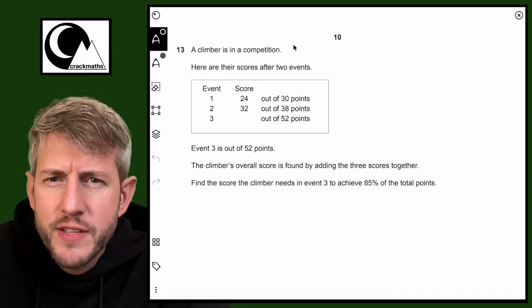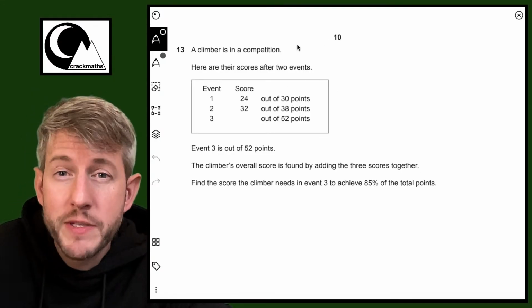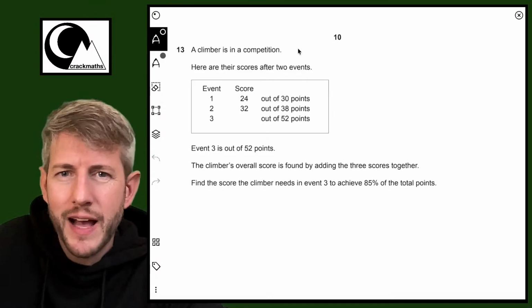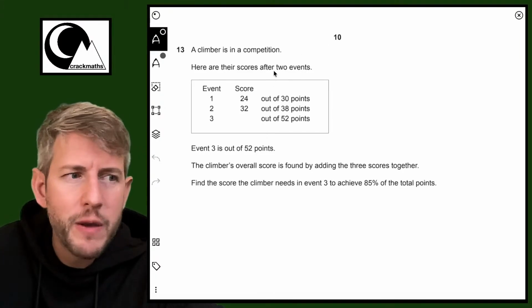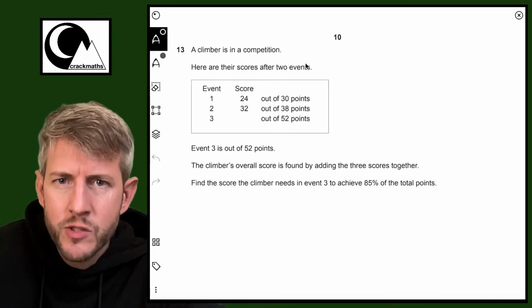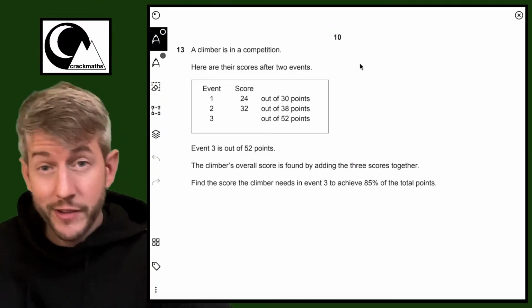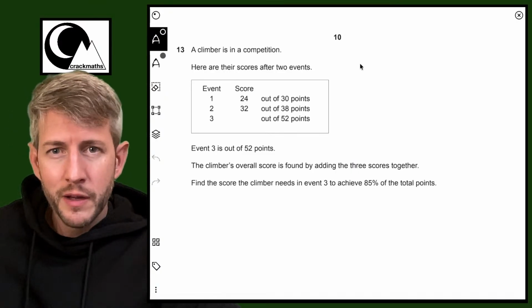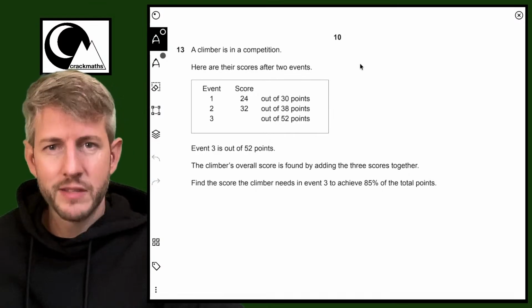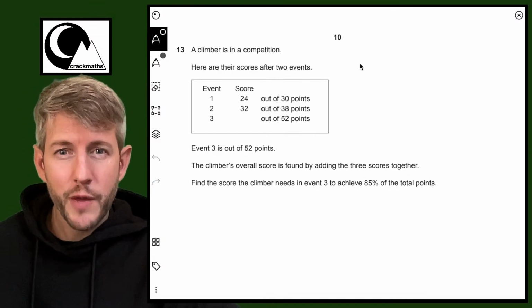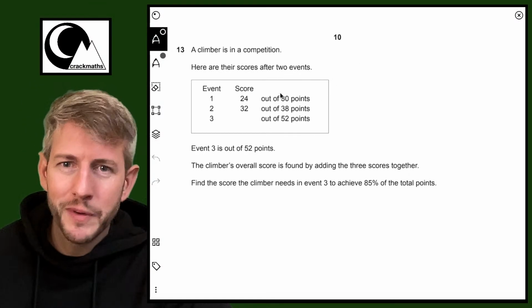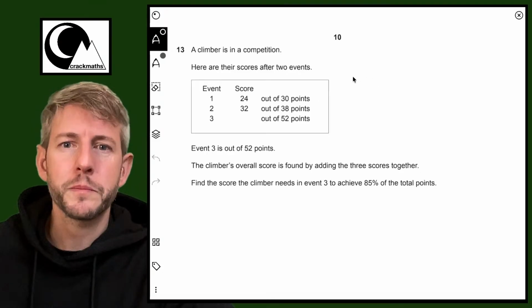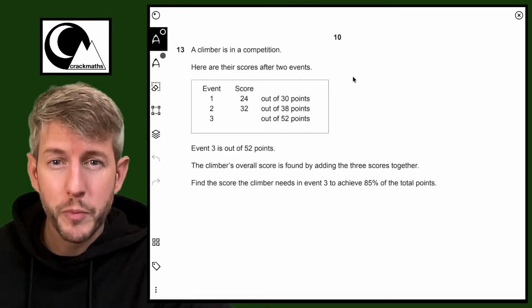Question 13 says, a climber is in a competition. Here are the scores after 2 events. Event 1, they scored 24 out of 30 points. Event 2, they scored 32 out of 38 points. And event 3, we do not know their score, but we do know it was out of 52 points.